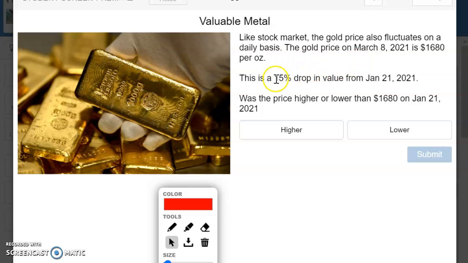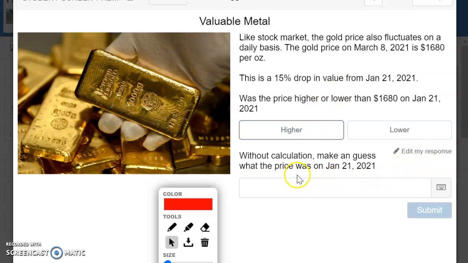Okay, so if there was a drop, the March price was $1,680, but there is a 15% drop in the value from January 21st. So on January 21st, was the price higher or lower? It was higher, wasn't it?